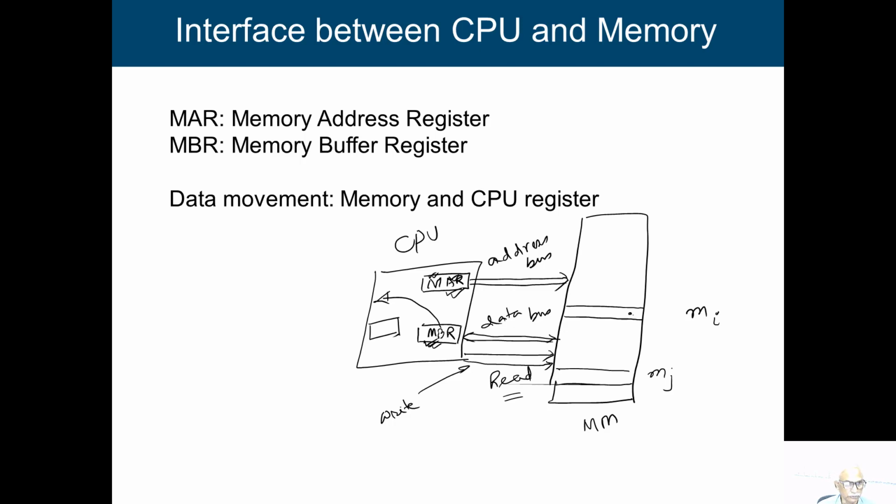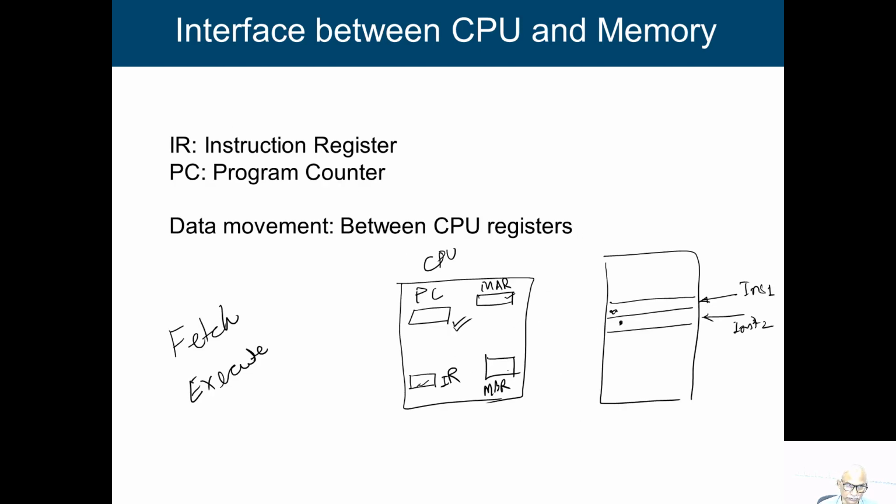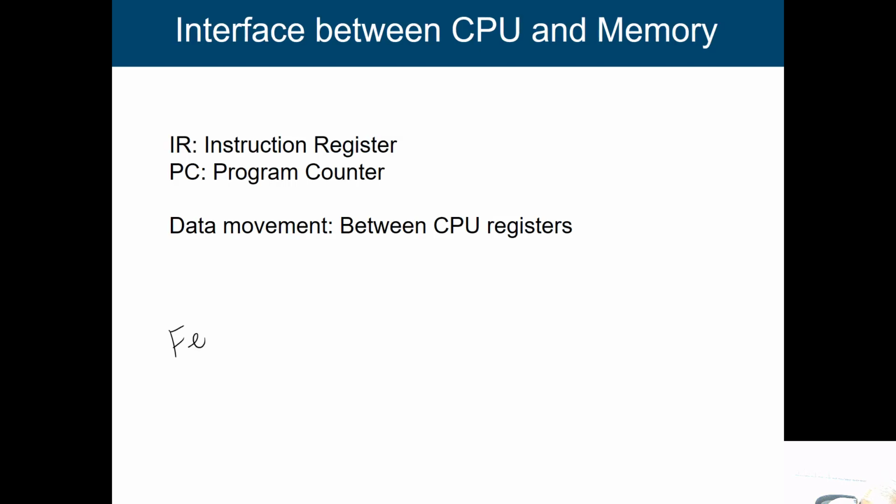Now, in this case, instruction register and program counter, what is the use of these? We use the instruction register to store the instruction. When we are going to execute a program, I said that in a simple case, I can have two phases or two steps. One is fetch and the second one is execute.